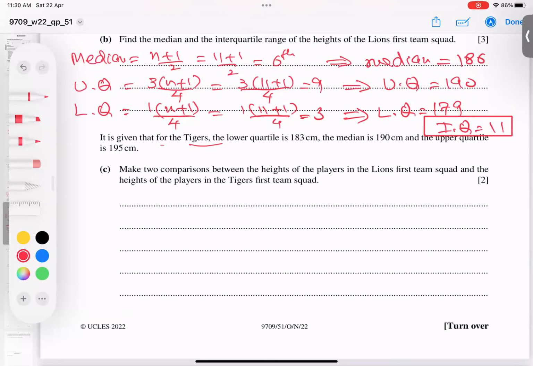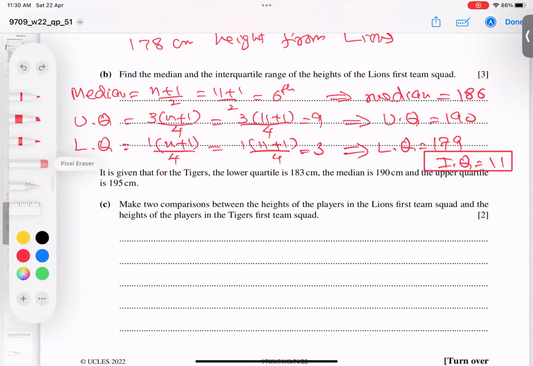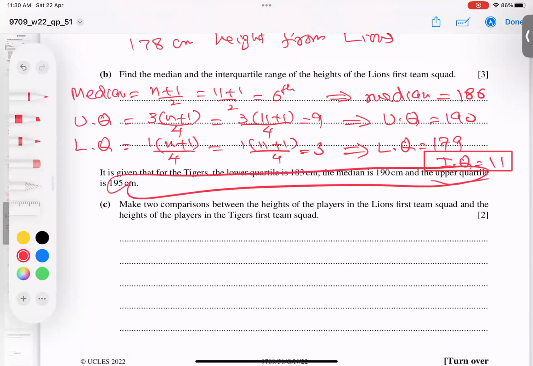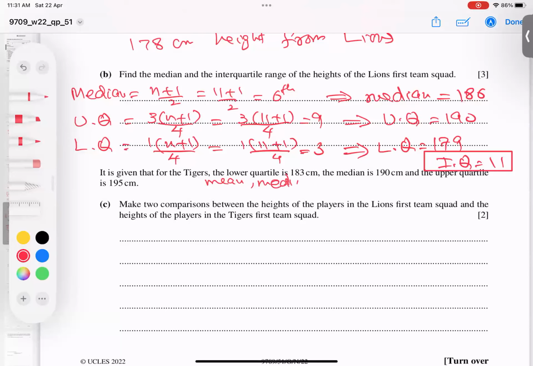It is given that Tigers lower quartile is 183, median 190, upper quartile 195, and here the median is 186. So he's saying make two comparisons between the teams. Normally, students, we have two kinds of comparison. One comparison is for mean, median, or mode.